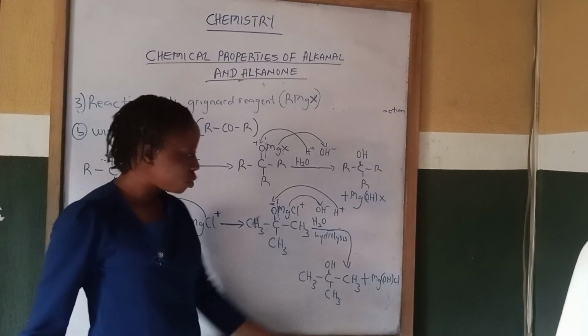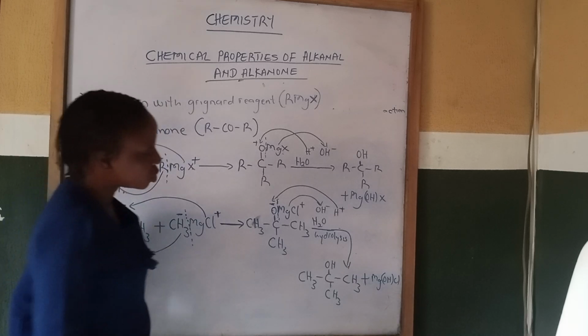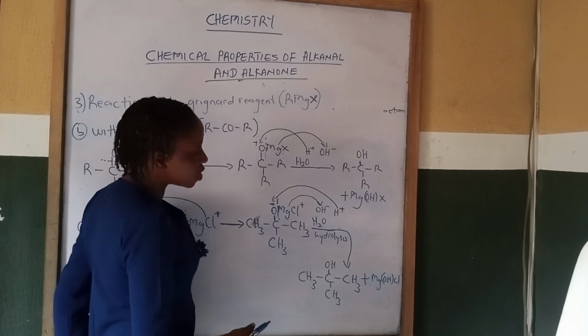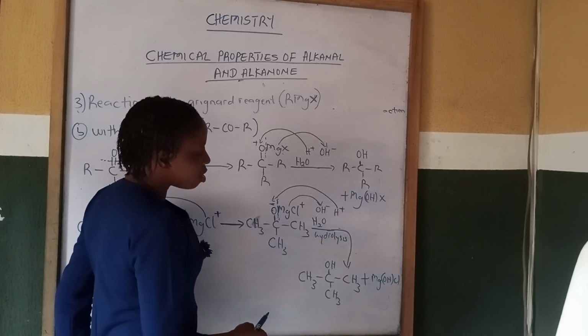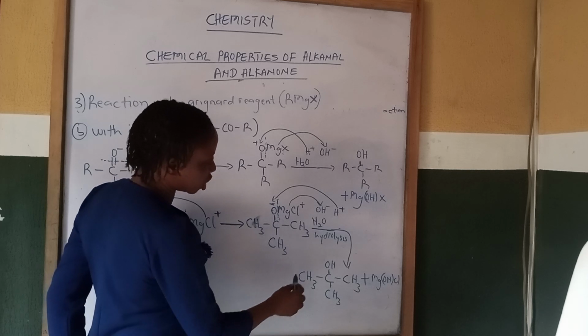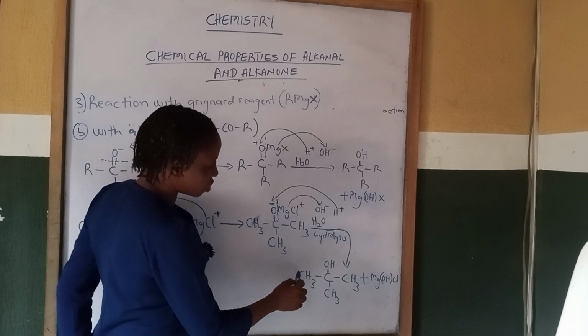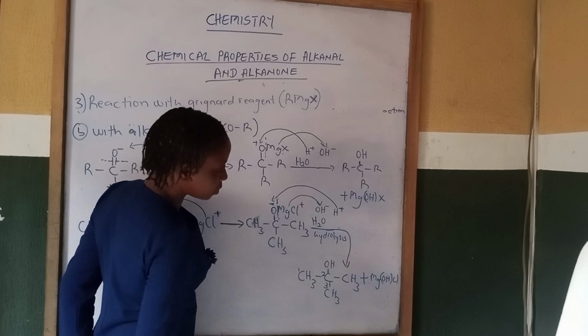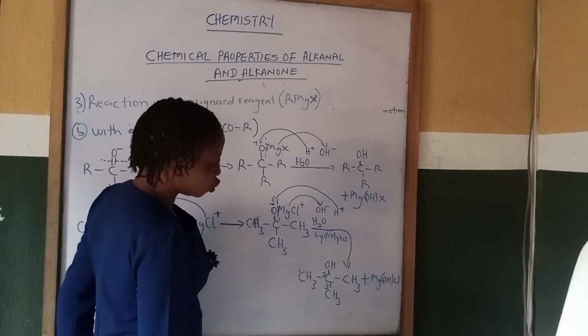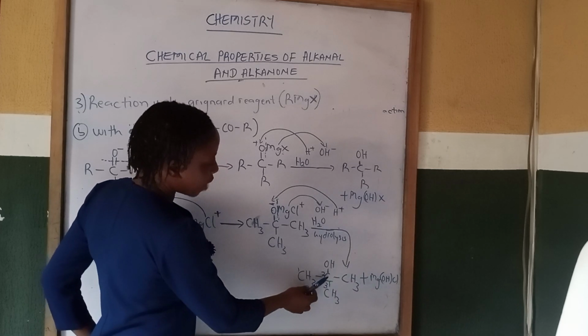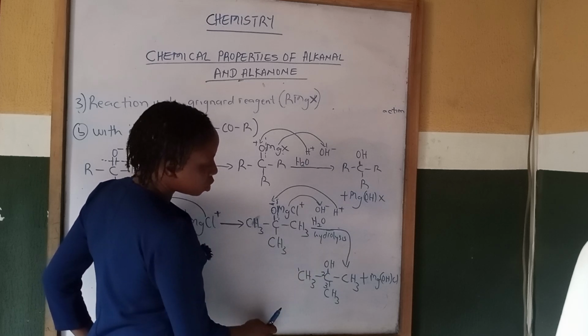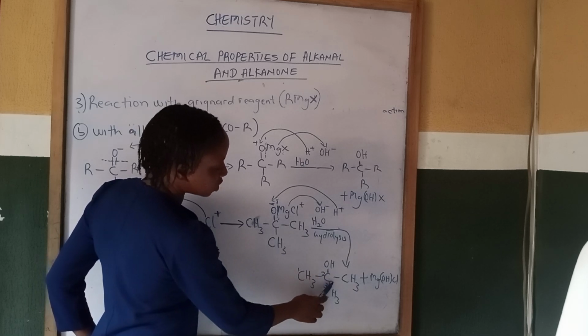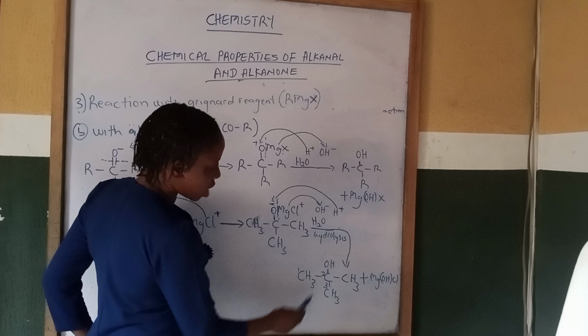So this is the product formed. Then let's name the product. We first number the longest continuous carbon chain: 1, 2, 3. So we have a hydroxy group, then we have a methyl on the second carbon atom.